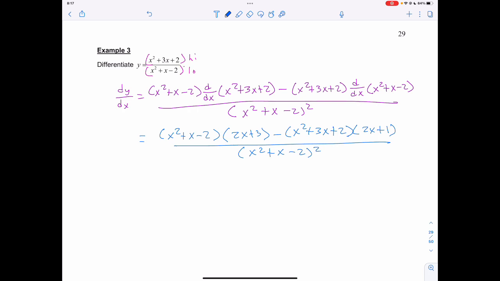Now I'm going to check if I can factor. Well, I can absolutely factor this, I can factor this, and I can factor this.